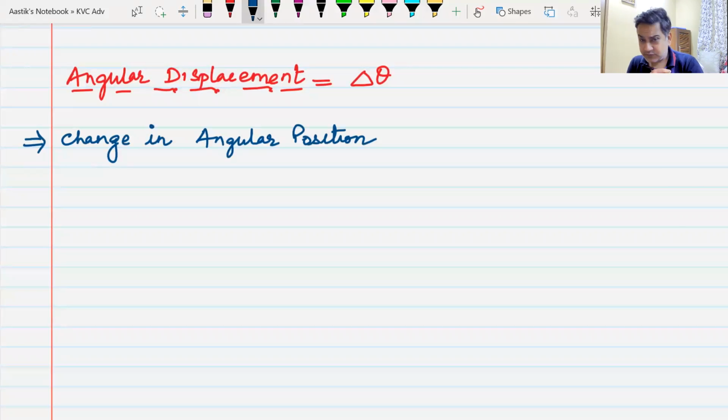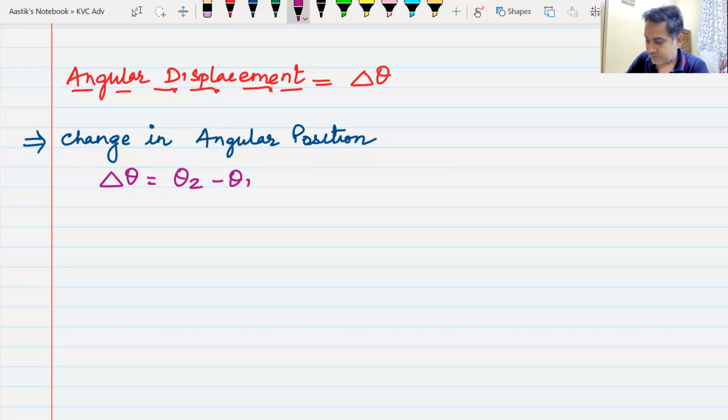Change in angular position. That is angular displacement. As soon as I say it is change in angular position, delta theta becomes theta 2 minus theta 1, where theta 2 is the final angular position, theta 1 is the initial angular position.